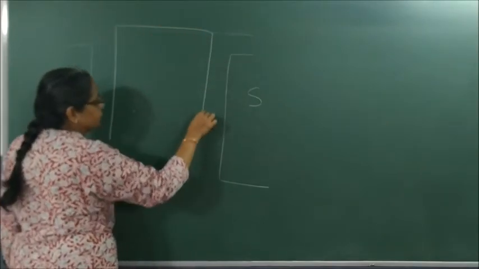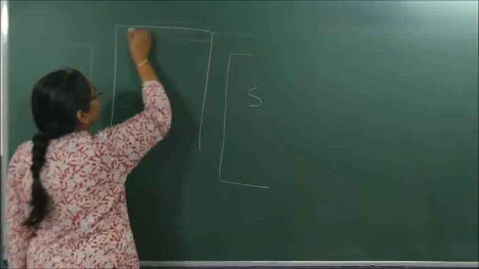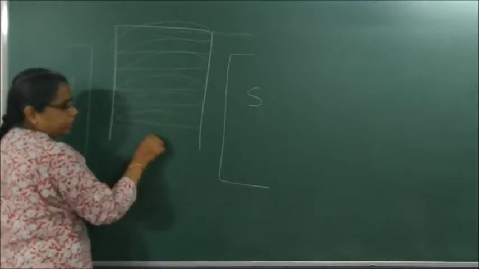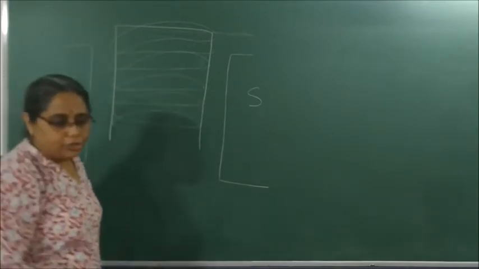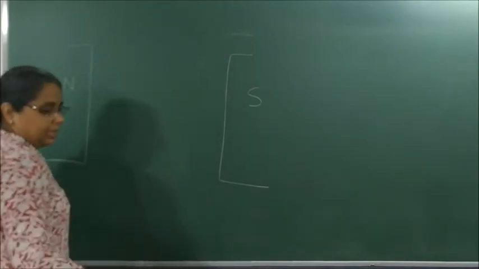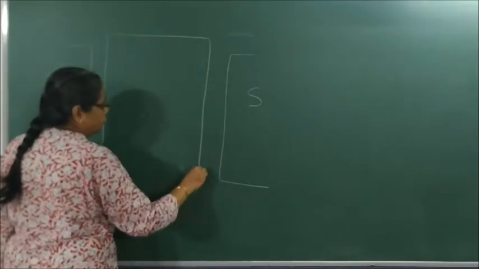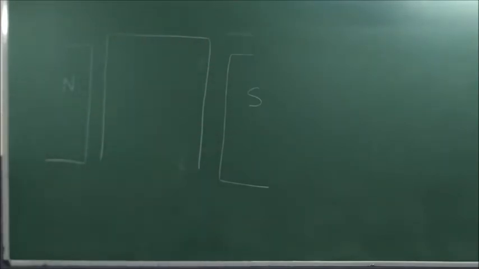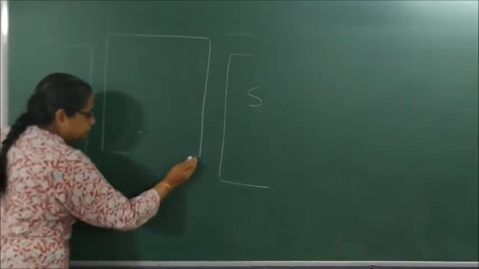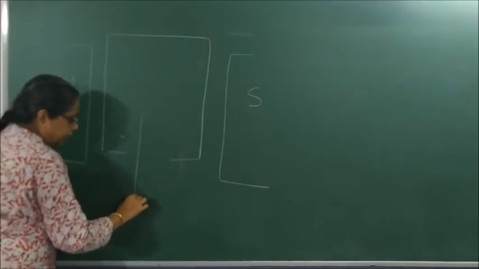Now what I take is an armature. Armature means a soft iron core, and I wound it with what? A number of copper turns. Solenoid. We don't show this here. We just take an armature coil, which may be a soft iron core or a solenoid. And the two ends of the armature coil are mounted on a rotating axle.